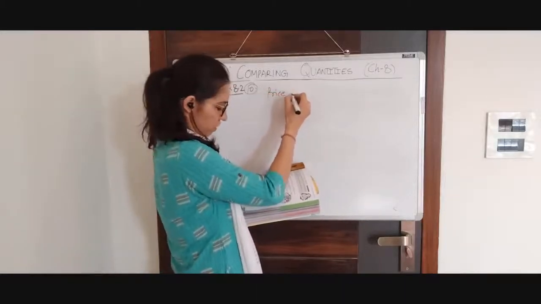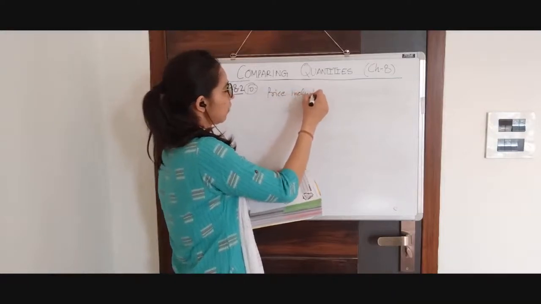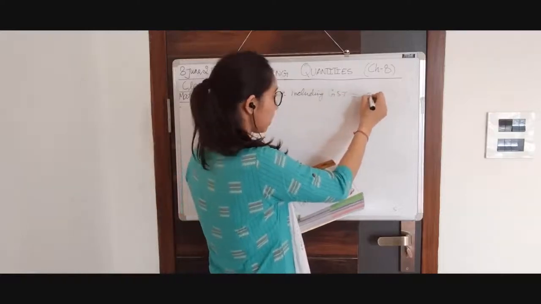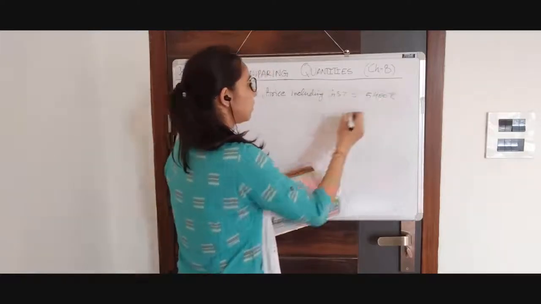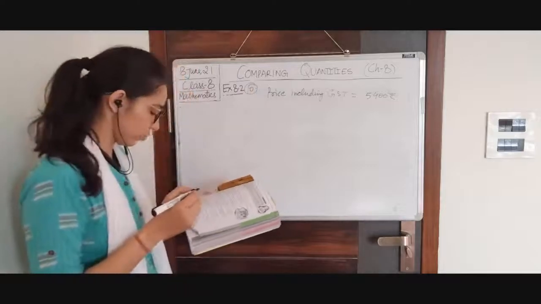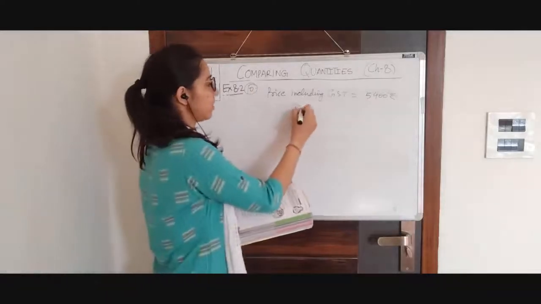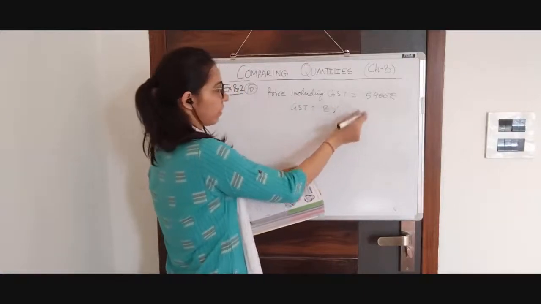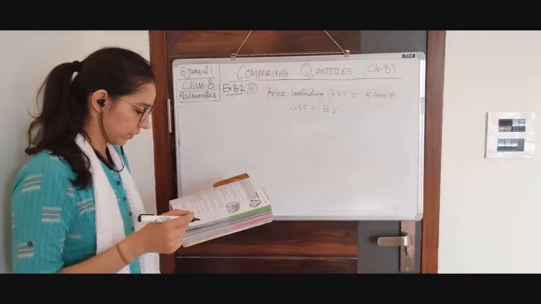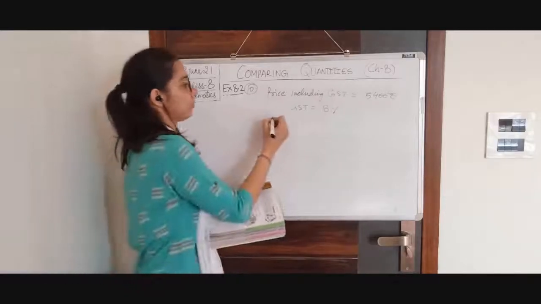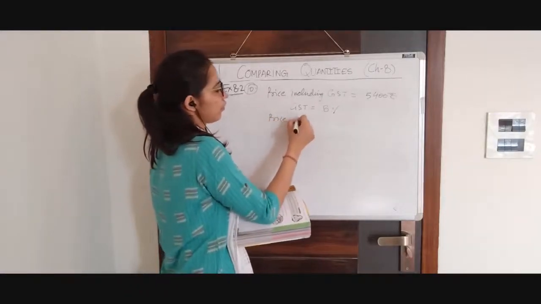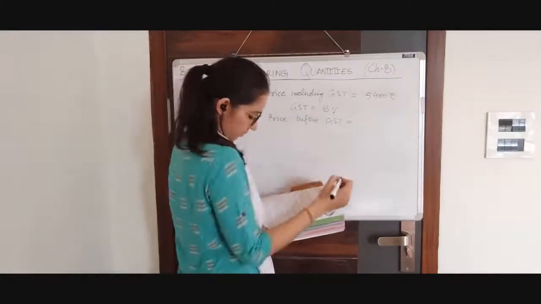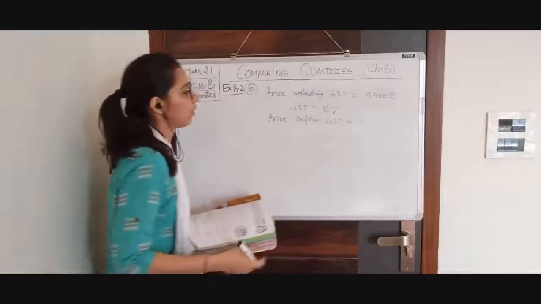Like in this question, price including GST is given, that is 5,400 rupees. GST is 8%, which is included. Find the price before GST. You have to find out this.